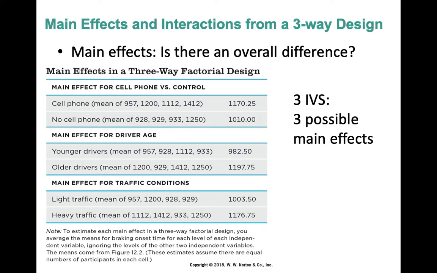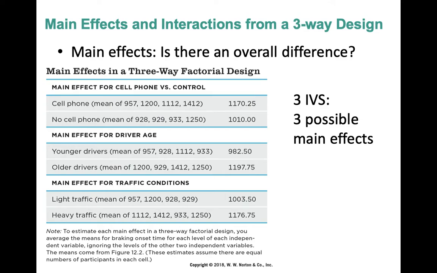Okay, now, of course, the more independent variables are added, the more possible effects there are to pick out of the research design. So when there are 3 independent variables, as there are in this 2x2x2 design, there will be 3 possible main effects to test.